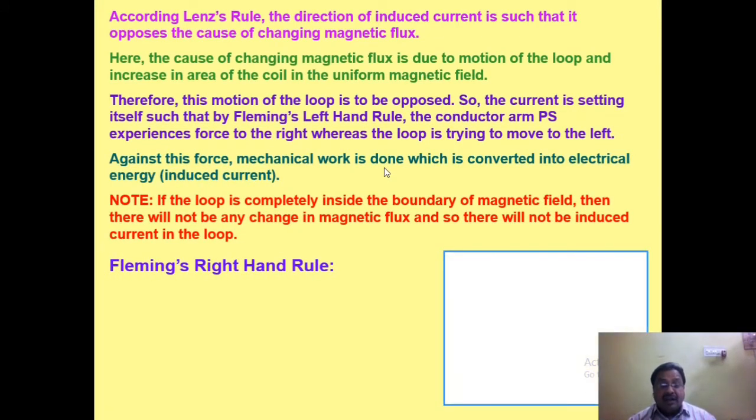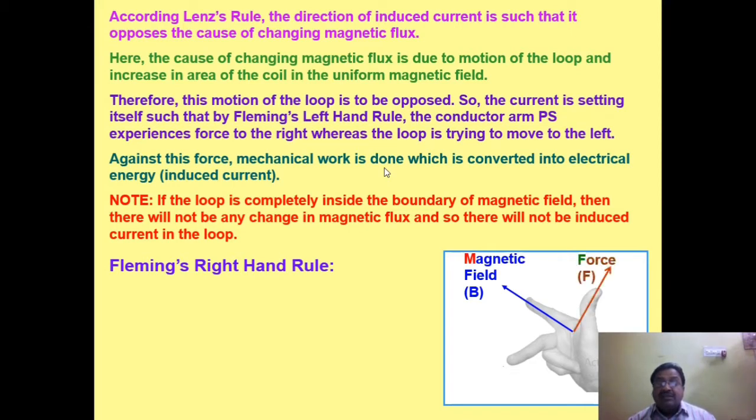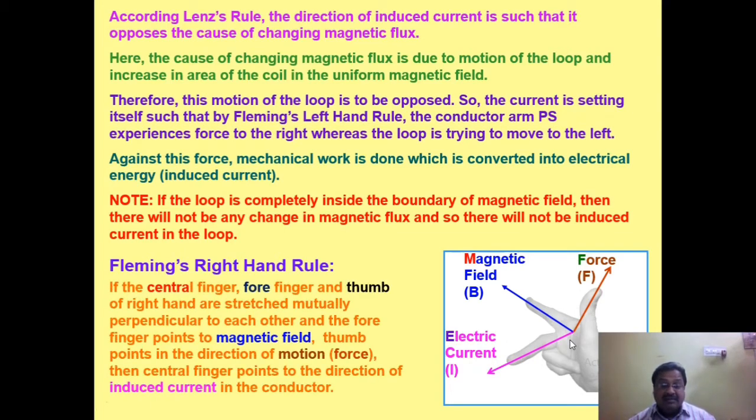Now, what is Fleming's right hand rule? According to Fleming's right hand rule, if you stretch the first finger, thumb and the central finger of your right hand in mutually perpendicular directions, then the first finger, which may be called the forefinger, represents the magnetic field, the thumb represents the direction of force, then the direction of electric current will be given by the tip of the central finger.